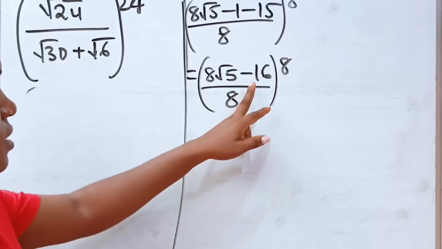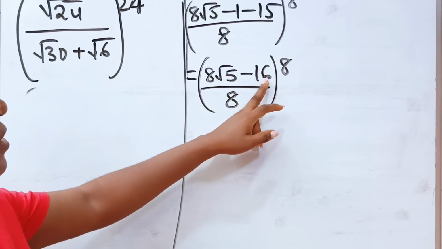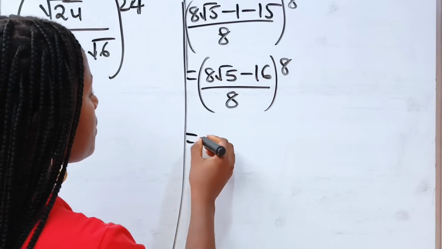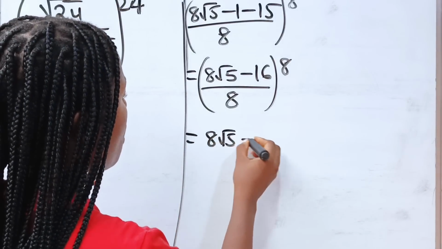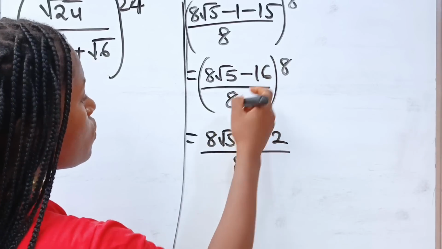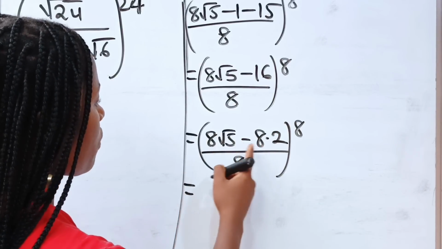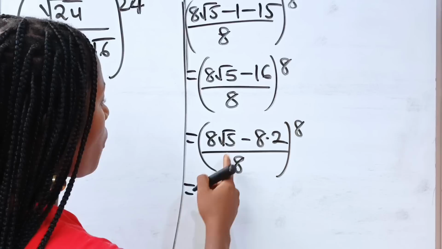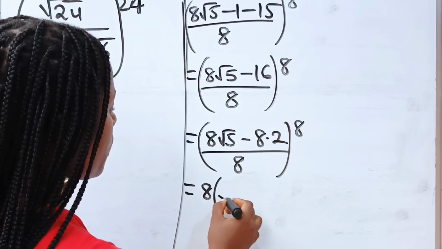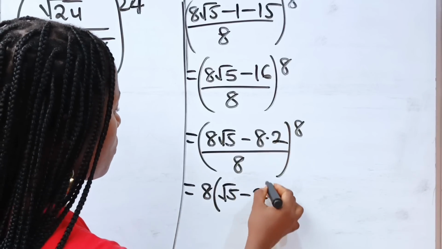Now if you look at this, you notice that we have 8 root 5 and we have minus 16, and this is the same thing as 8 root 5 minus 8 times 2 divided by 8, because 8 times 2 is 16, raised to the power of 8. So we factorize 8 out, and we have this divided by this will give us root 5 minus this divided by this, 2 will remain, right?